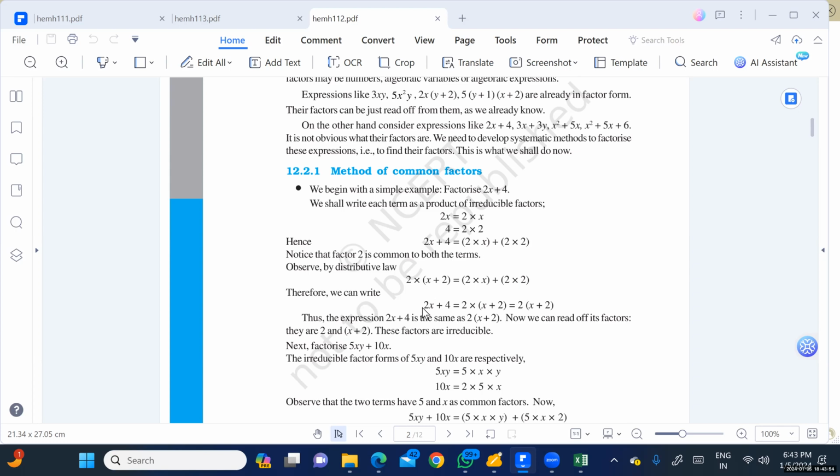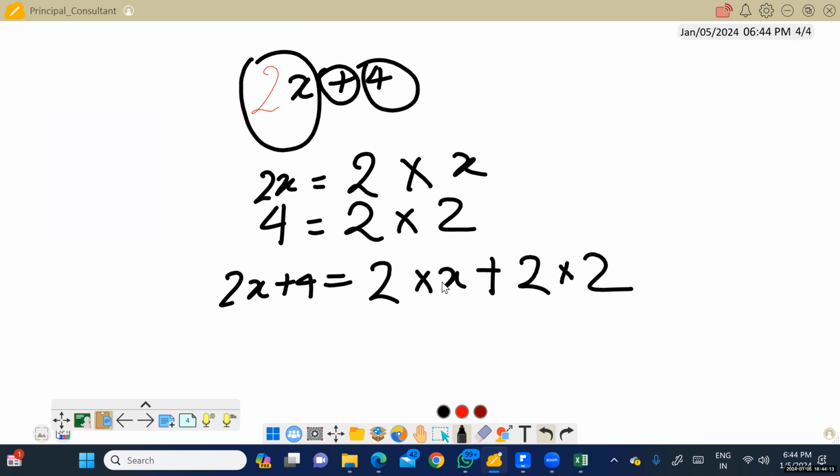So, if I take this as a common number, let's go slow, because as you go ahead, it becomes a little technical and might get a little confusing. So you have to be slow over here.